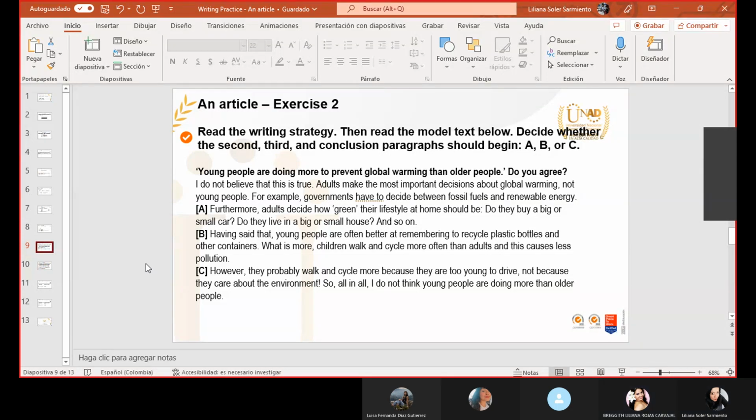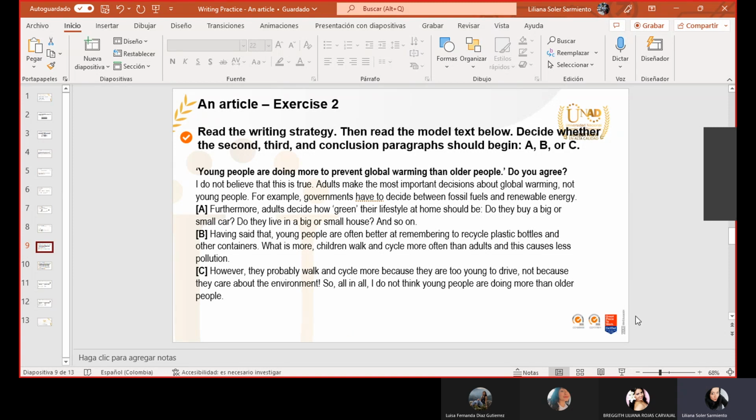Furthermore. Yes, because see, however, they probably walk, because this information continues with this idea, the second idea, paragraph B. In paragraph C, continue with the same idea.